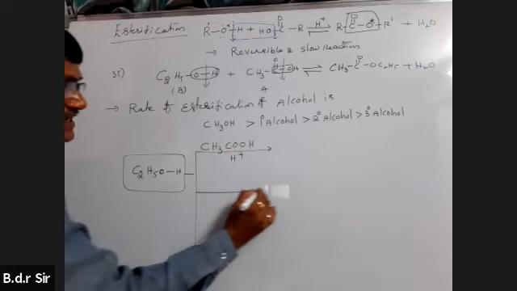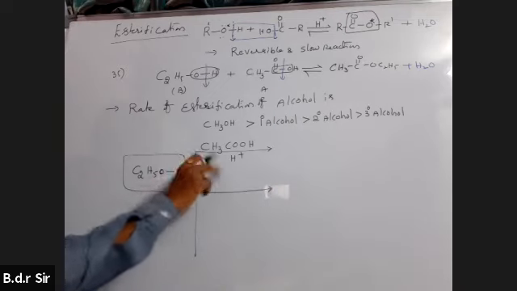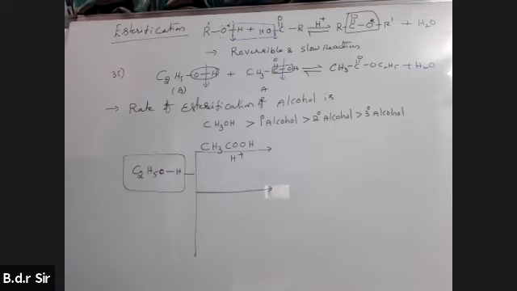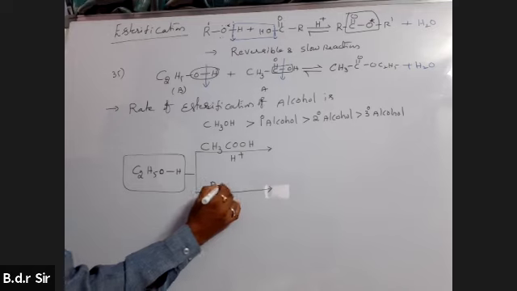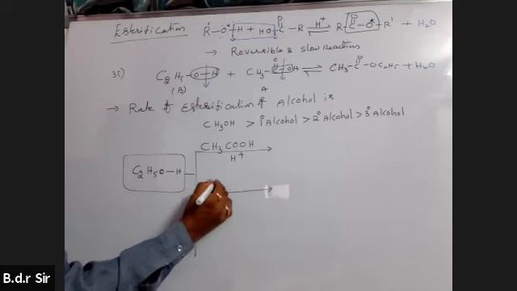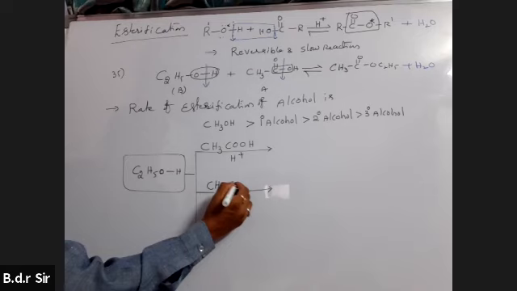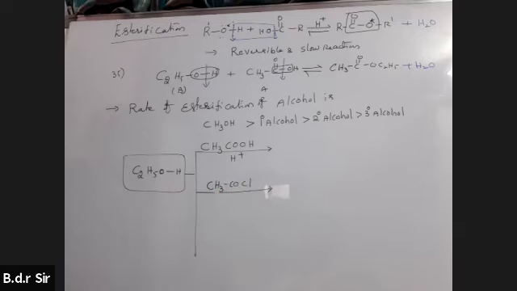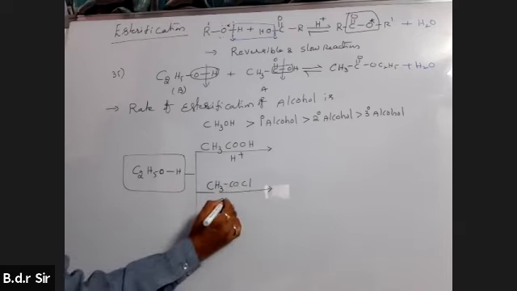And it also reacts with acid derivatives. What are the acid derivatives? That is acid halide, CH3COCl, in the presence of pyridine.